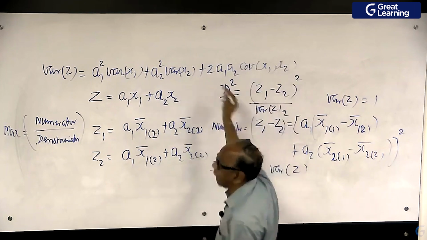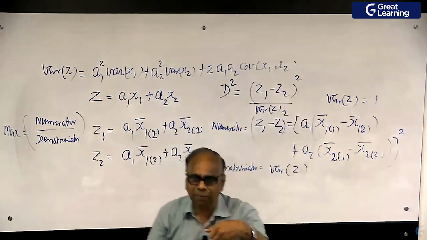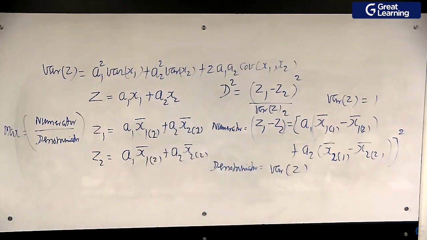And mind you, these are sample covariances, so the denominator has to be divided by n minus 1. How do you remember this? Very simple. A plus b whole squared, you remember: a squared plus 2ab plus b squared. So a1 squared variance of x1, plus a2 squared variance of x2, plus 2 a1 a2 covariance x1, x2.